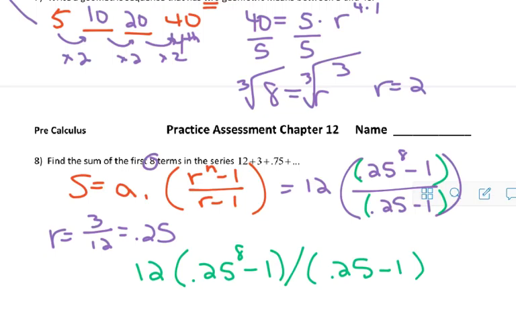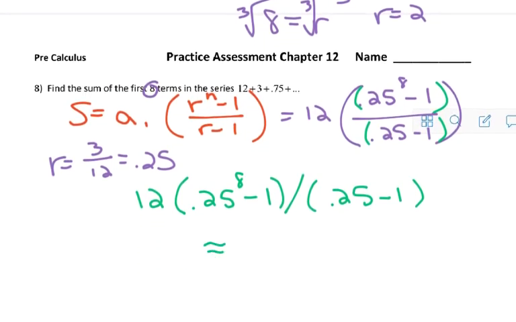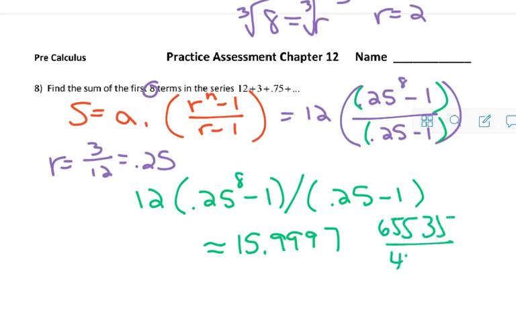And the answer you get is 15.9997556. Some people were asking if they could round it to 16. Well, it's not quite 16, but if you hit math enter, you'll find out that the fraction is 65,535 over 4096. It's not pretty, but it's exact.